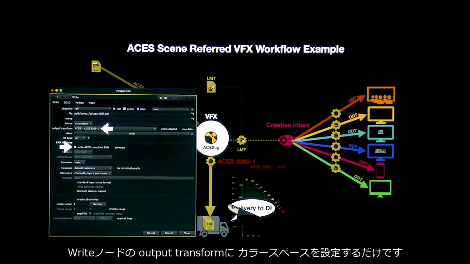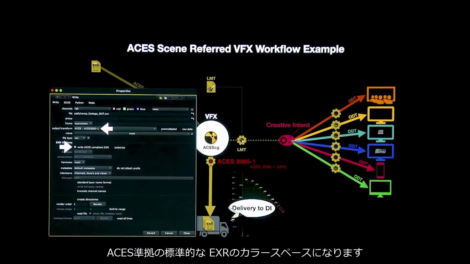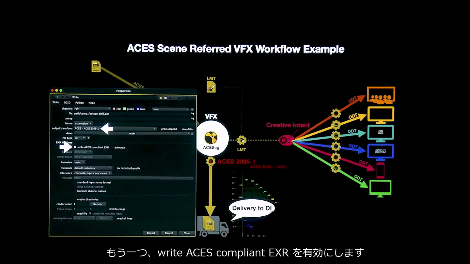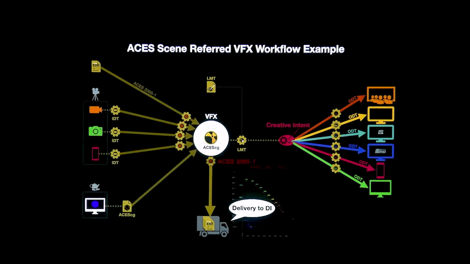In the output transform, which was formerly known as the colorspace in the Write node, now it's called output transform, you just select the standardized color space for ACES compliant EXR. And the other thing that you need to mark is write ACES compliant EXR, just that. Those two things, and that's it. You don't need to care about the data type or the compression, because that is going to be blank now, because Nuke is going to take care of that. So with that, actually, it's done.